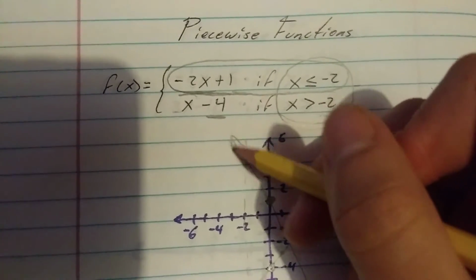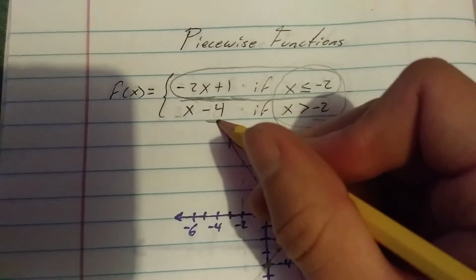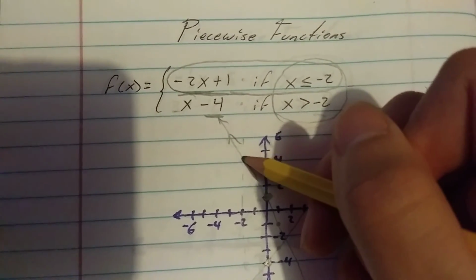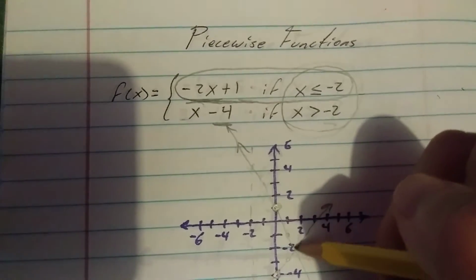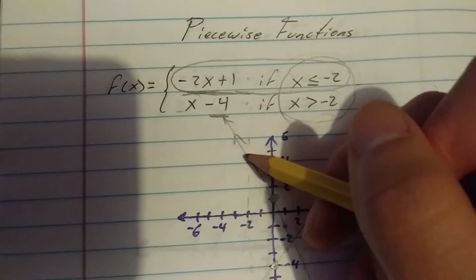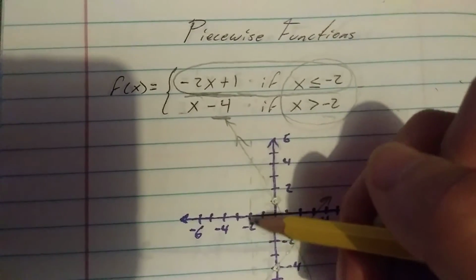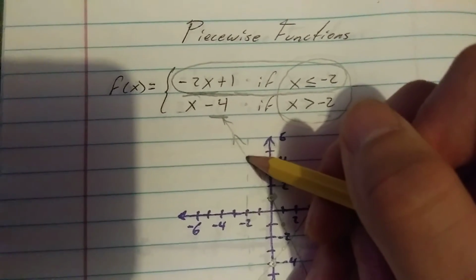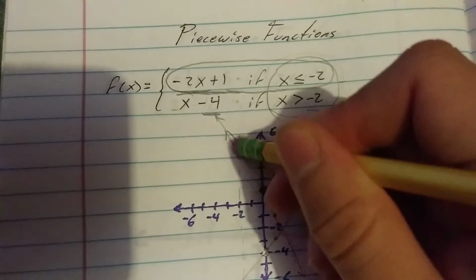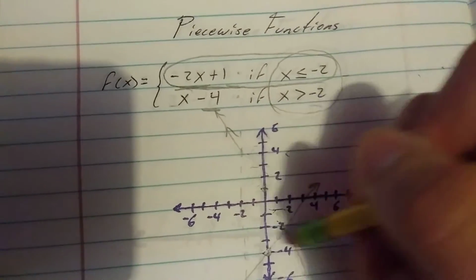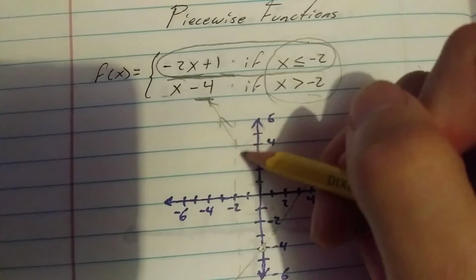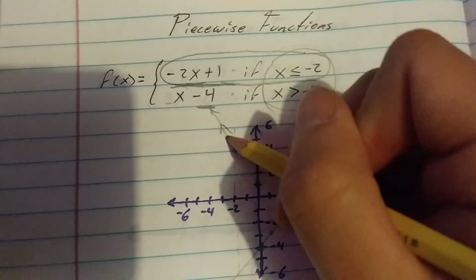That means I just want to keep everything going this way for the graph. So I'm going to erase all of this, because that is not less than or equal. I want everything less than or equal to -2. Everything on this side is greater. I don't want that. I want everything that is less than, and that means everything going this way.